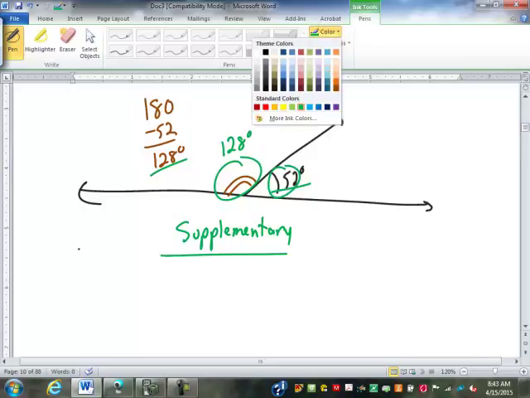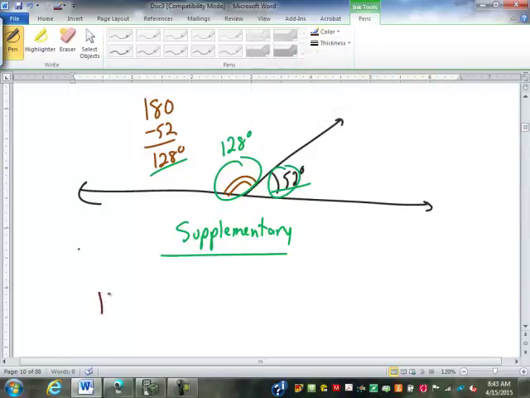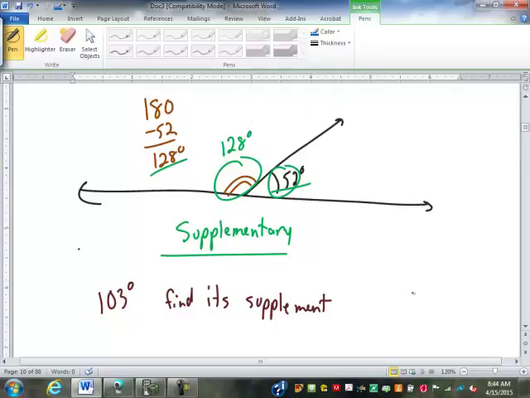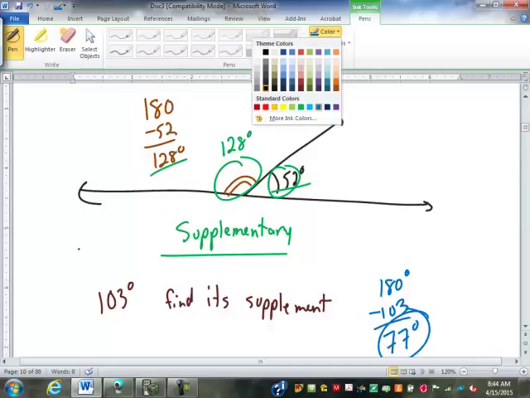So if I give you an angle that is 103 degrees, and I ask you to find its supplement, what's its supplement? 180 minus 103, otherwise known as 77 degrees. Make sense?